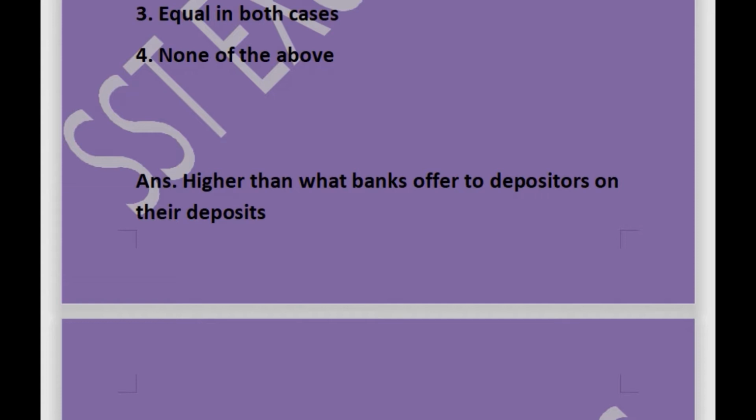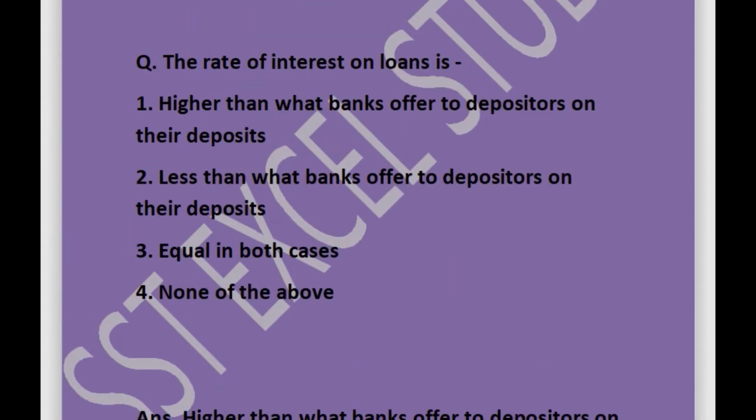Answer is higher than what banks offer to depositors on their deposits. Banks provide less interest on deposits and take more interest on the loans, and the difference that they get is the amount of earning for the banks.